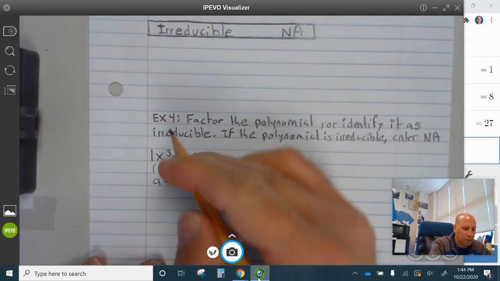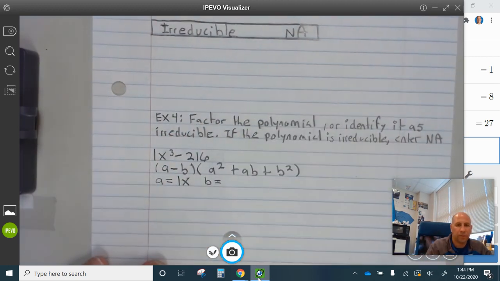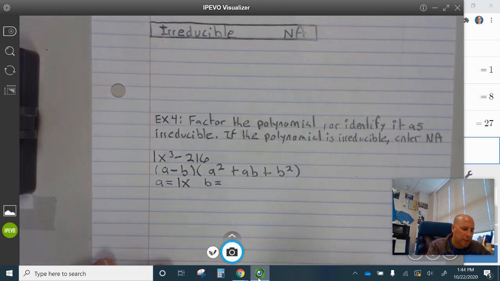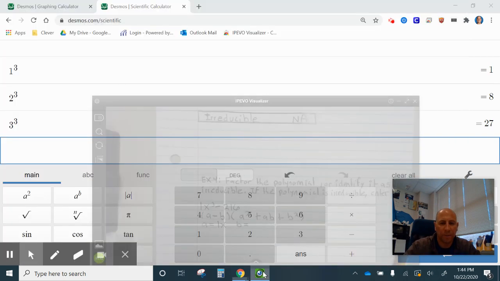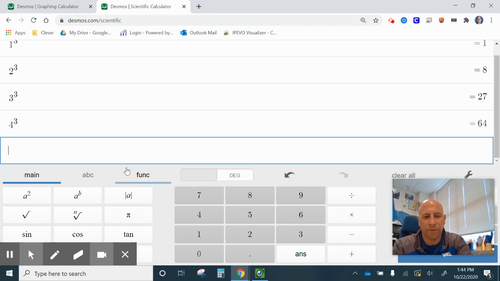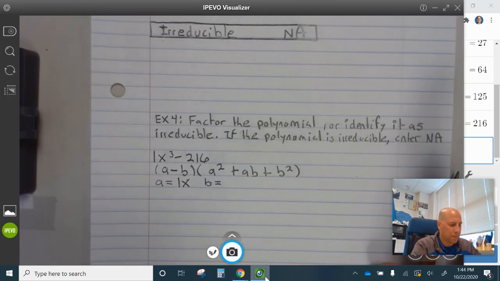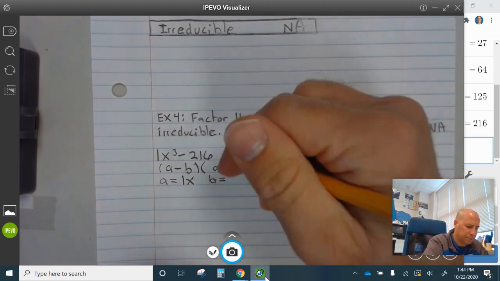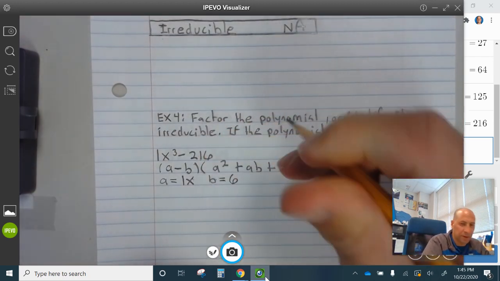Well, that one's easy. 1x cubed is 1x cubed. Now B, we need to find 216. So let's go back to our calculator. So let's go 4 cubed. Nope. 5 cubed. Nope. 6 cubed. Yep, is 216. So we know B is 6.